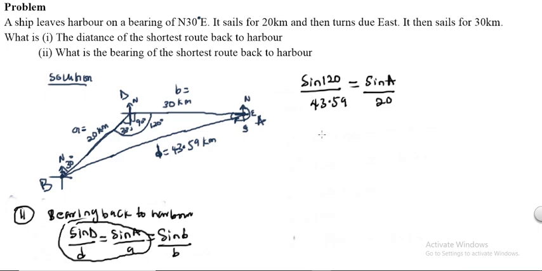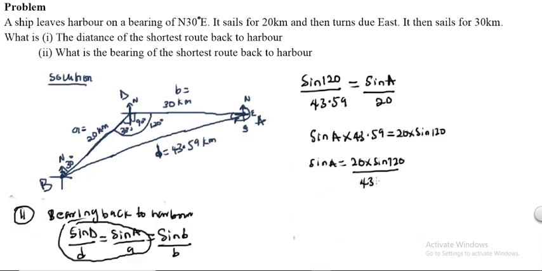From here we can find A. If we cross multiply, we have sine A times 43.59 is equal to 20 times sine 120. So that we have sine A as equal to 20 times sine 120 over 43.59. From here, to get A, we can take the sine inverse of both sides.